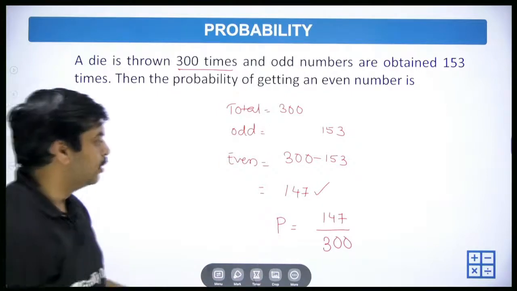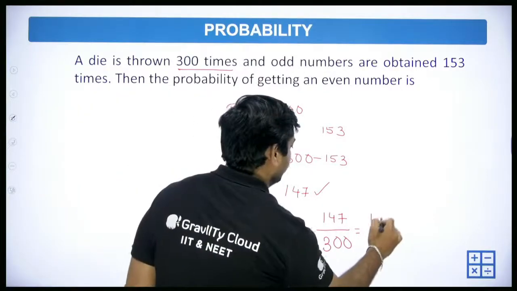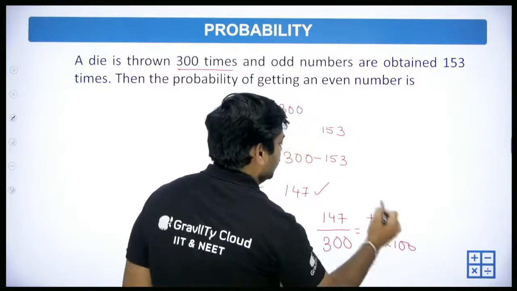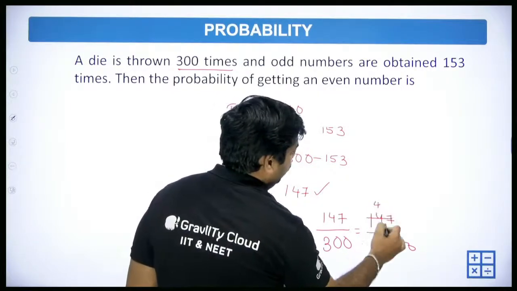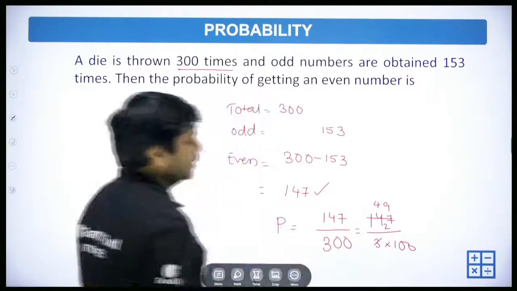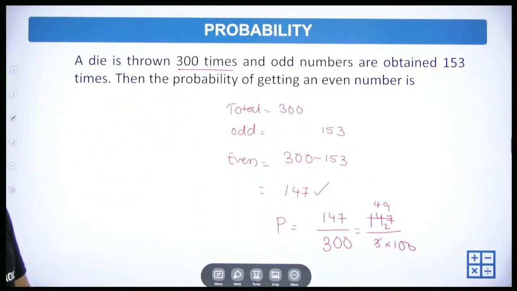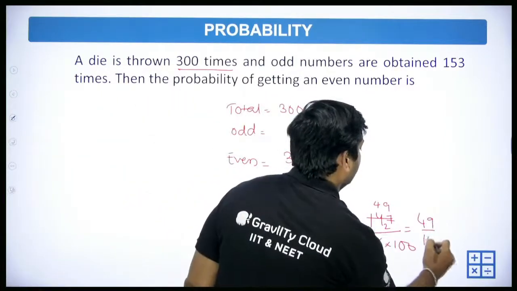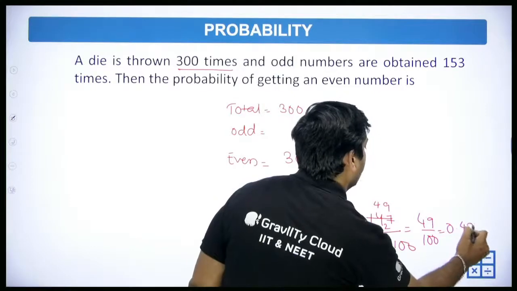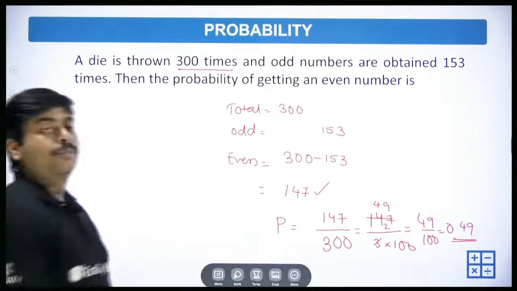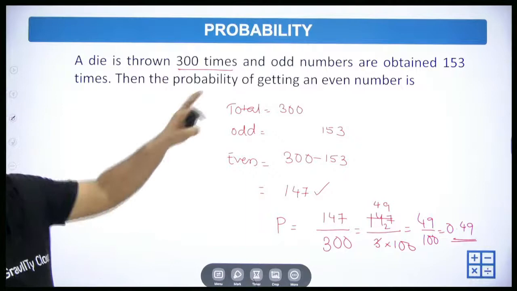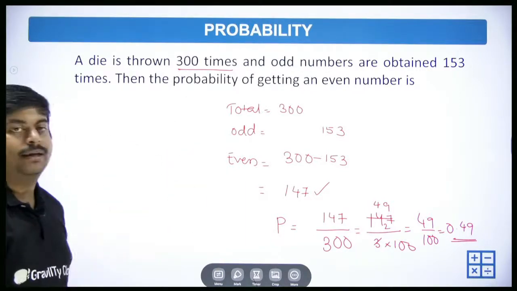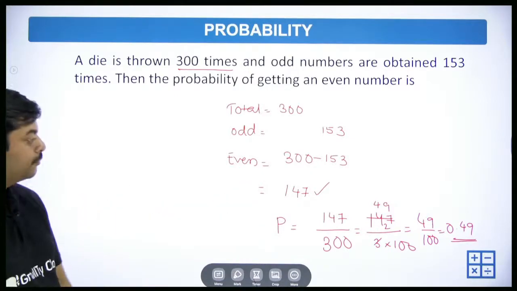We can write this as 147 by 3 into 100. 3 ones are 3, 3 fours are 12, and 3 nines are 27. So 49 by 100, that will give you 0.49 as the probability of getting an even number. A die is thrown 300 times, and the probability is 0.49, right?